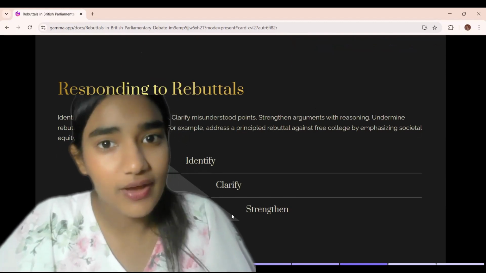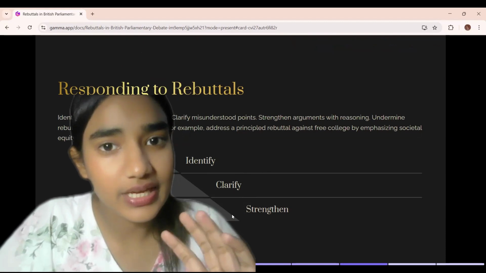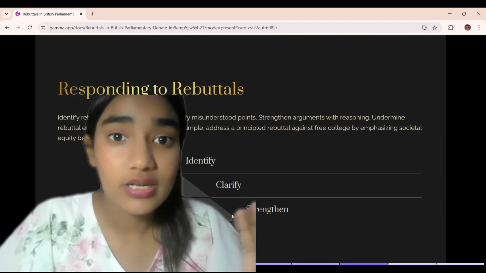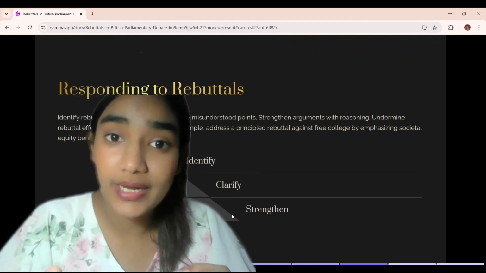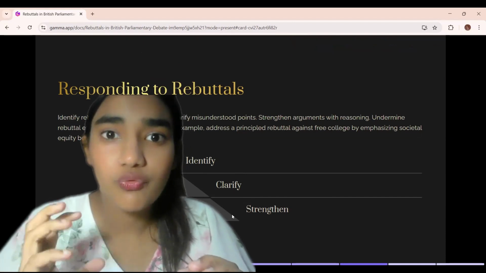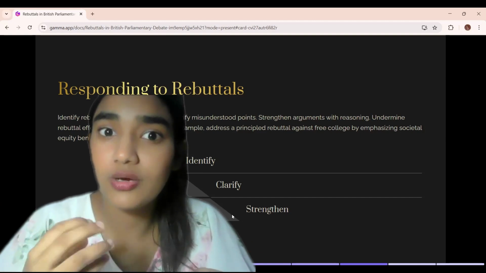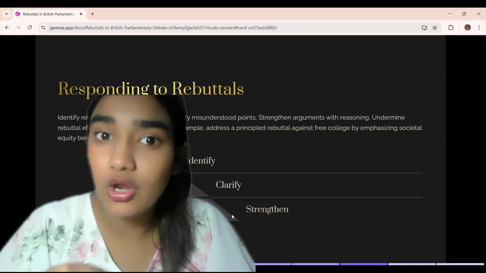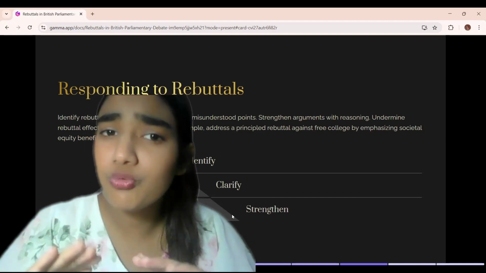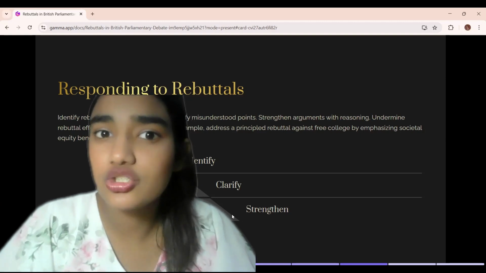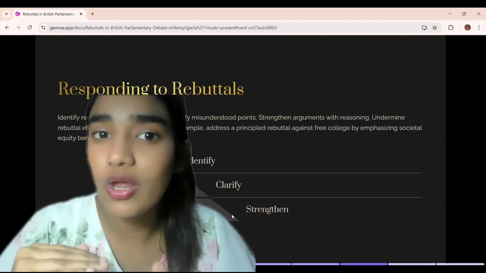So first, identify the flaws they have pointed out. If an opposition made a logic rebuttal to you, frame that: okay, they made a logic rebuttal, so I just have to counter with my logic. I just have to prove my logic is still better, or at least prove to the judge that whatever they are saying is not true, and something is still standing in our case.